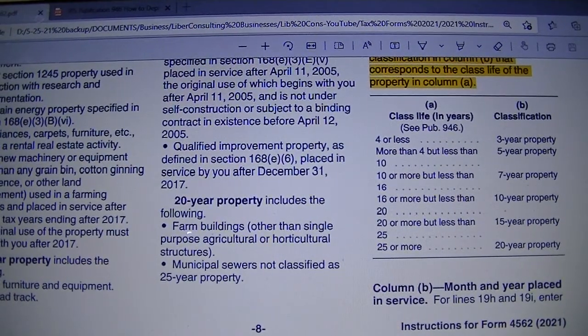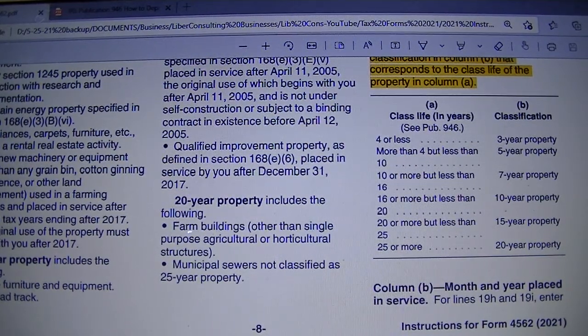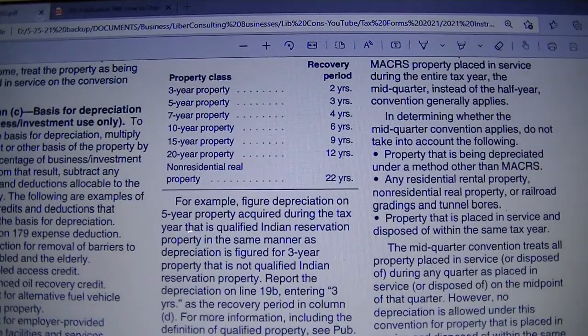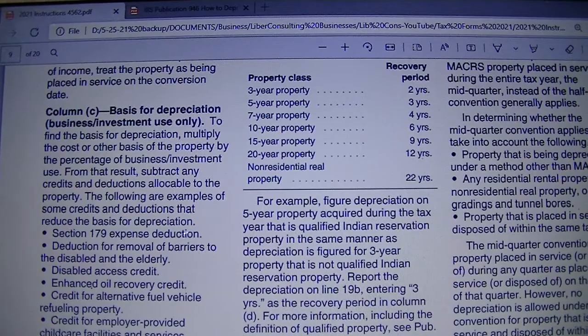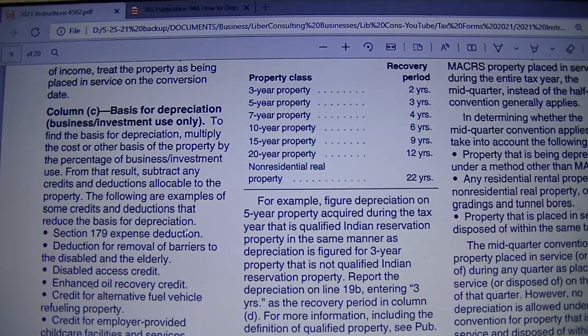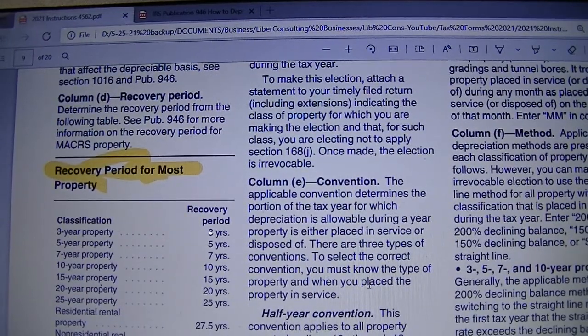The classification is 7-year property. So we scroll down, and for 7-year property, we wanted to see the recovery period. And for 7-year property, the recovery period is 7 years.